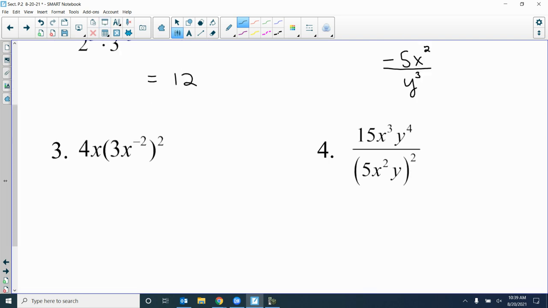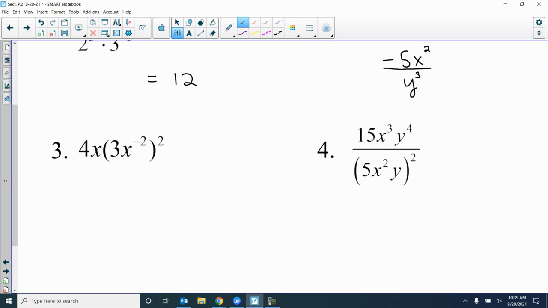All right, copy down that third one. One thing you just got to be careful here is you still got to follow order of operations.